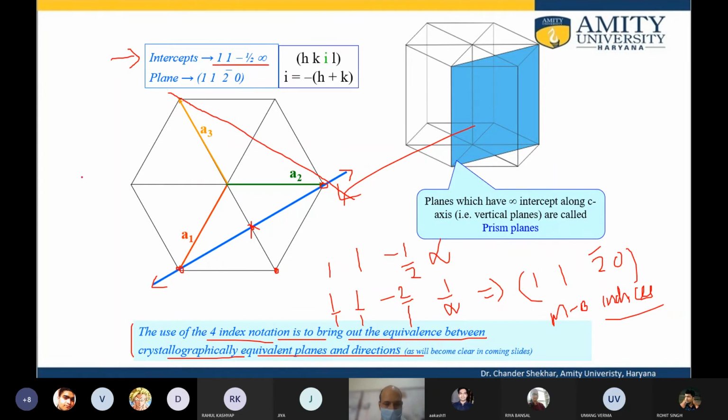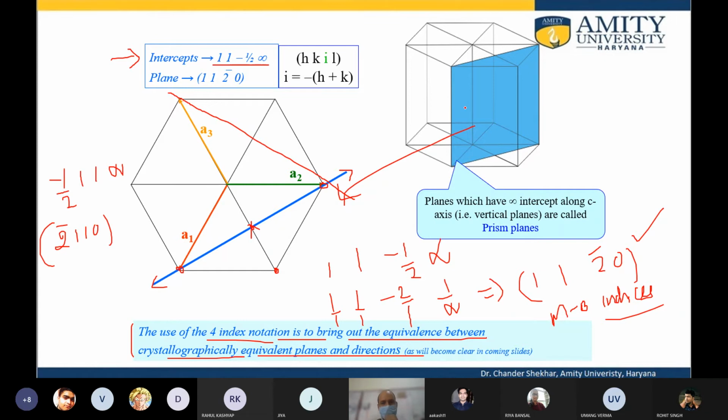So if we try to find out the indices, this is -1/2 for A1, then 1 for A2, 1 for A3, and infinity for the C direction. Following the same steps, we will have 2 bar 1 1 0 as the Miller-Bravais indices for this plane.